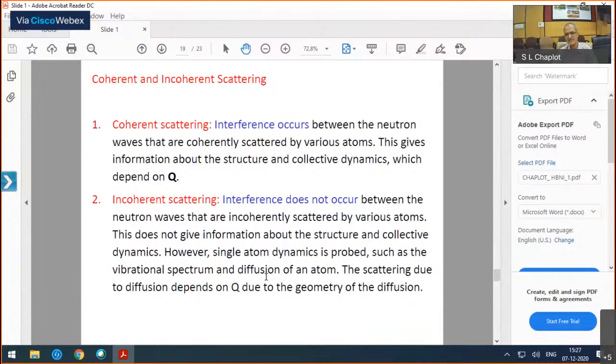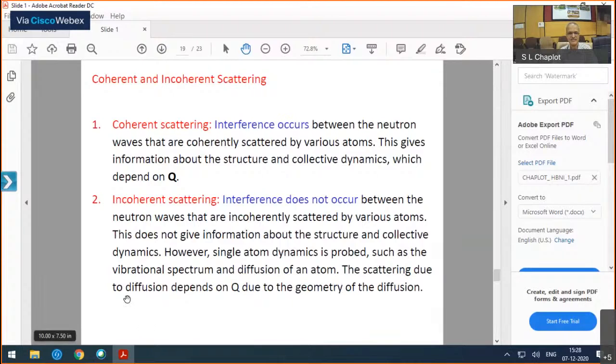Stochastic dynamics is again the diffusion of a given atom, so it's the same atom which is diffusing as a function of time. Once that is the case, incoherent scattering very much has a signature from these entities. The scattering due to diffusion depends on Q, because there is a certain geometry of the diffusion.